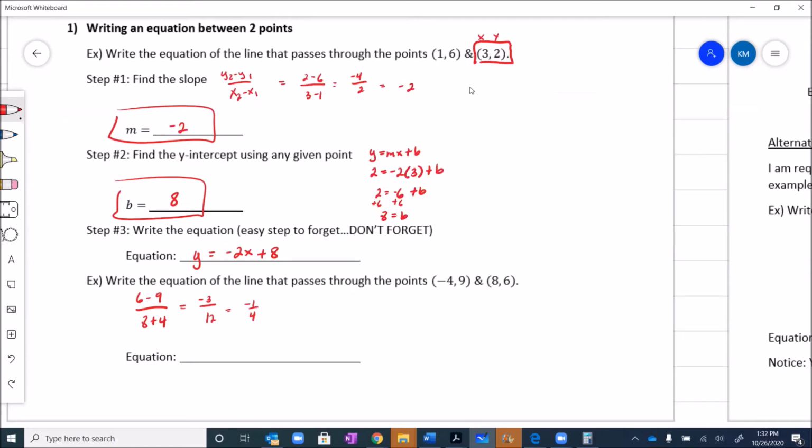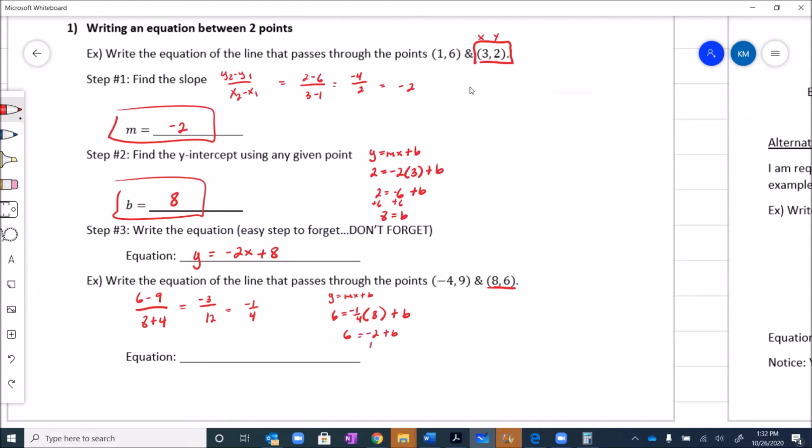Okay, so now that we have that, we can use either of these points. I'm going to use (8, 6) because they're both positive, and that way I won't mess up the signs. So as I plugged it into y equals mx plus b, my y that I know was 6, my m that I've already found is -1/4, my x is 8, plus b, which I don't know. So -1/4 times 8 is -2.